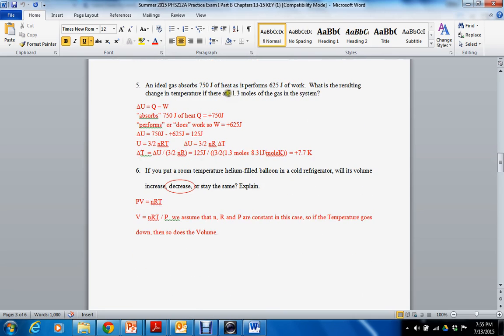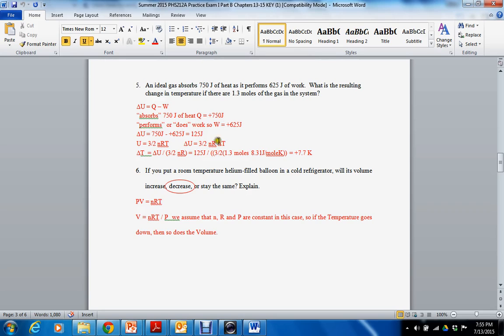An ideal gas absorbs 750 joules of heat as it performs 625 joules of work. What is the resulting change in temperature if there's 1.3 moles of gas in the system? So the first law of thermodynamics, the change in internal energy equals Q minus W. Q, we're given it absorbs heat, so positive 750 joules.